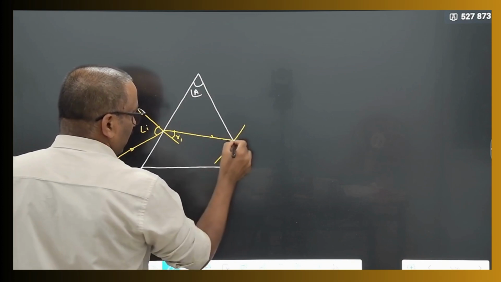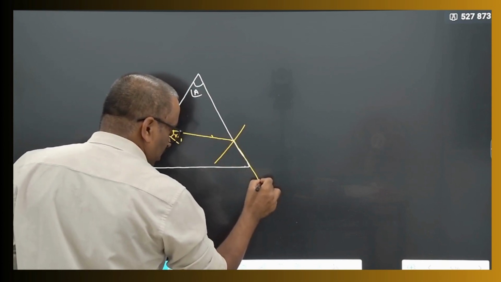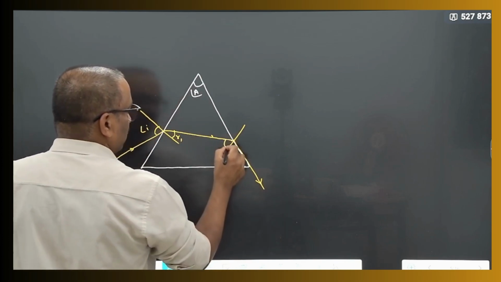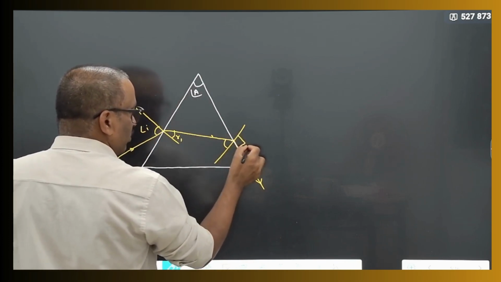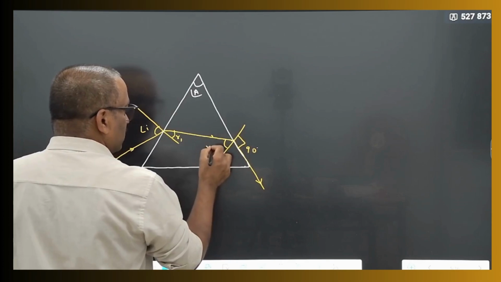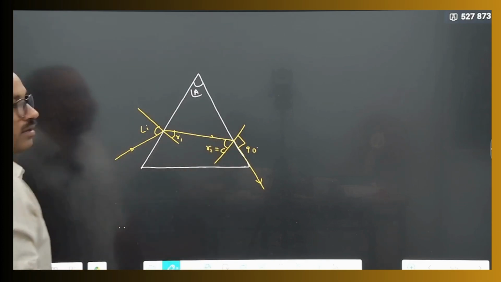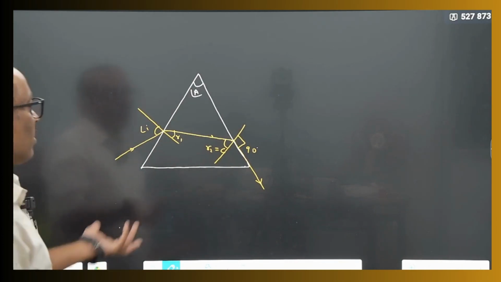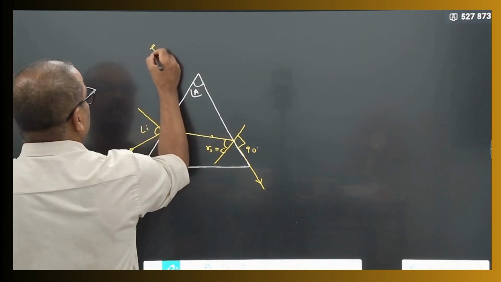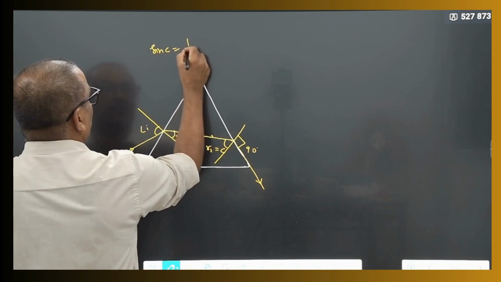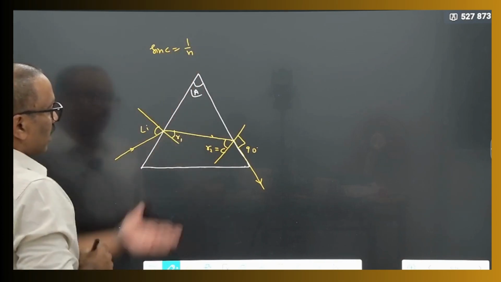We can rewrite it as grazing emergence. Emergence here means compulsorily it should be 90 degrees. 90 degrees means this R2 value is nothing but the critical angle. The critical angle formula you already know: sin C is equal to 1 by n. That's all. Apply it here.